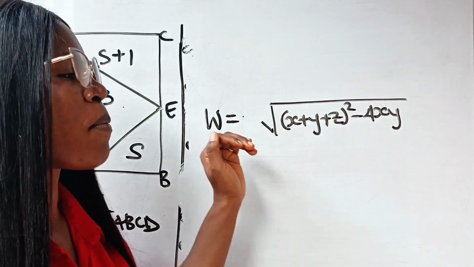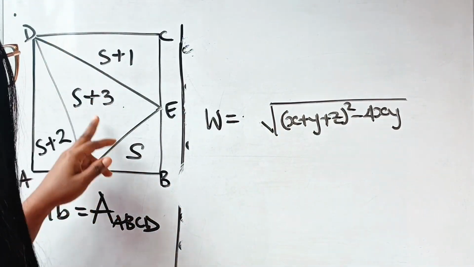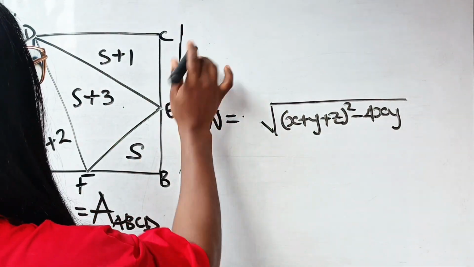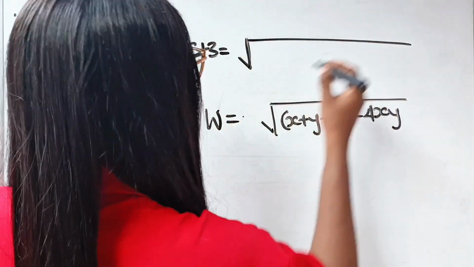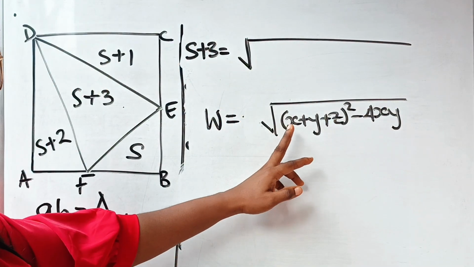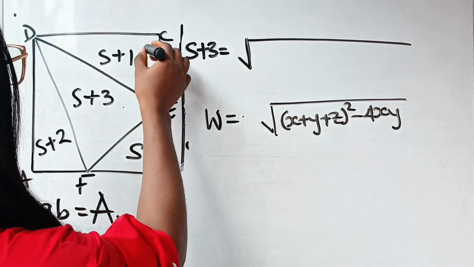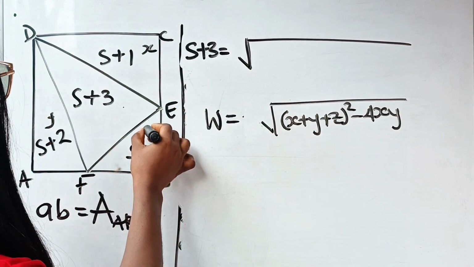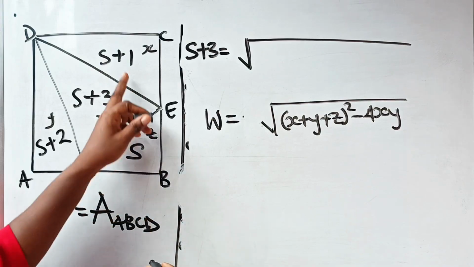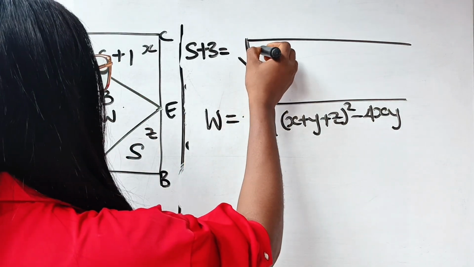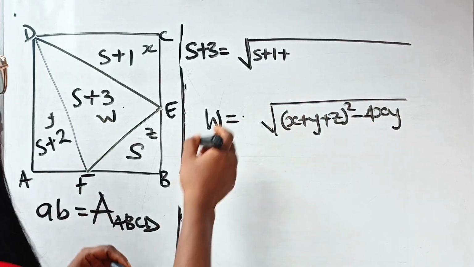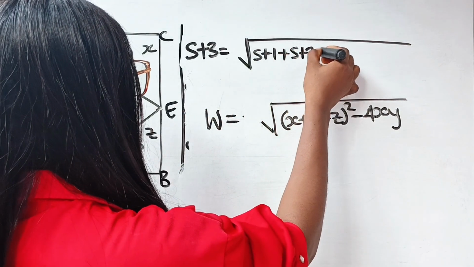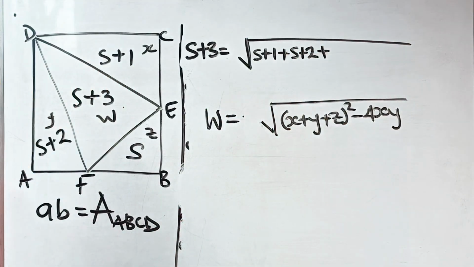So using this particular equation, we are going to have that x plus 3 will be equal to the square root of, remember that we have x plus y plus z, and this is our x, this is our y, and this is our z, this is the W. So it's going to be s plus 1 plus y is s plus 2 plus z is s.